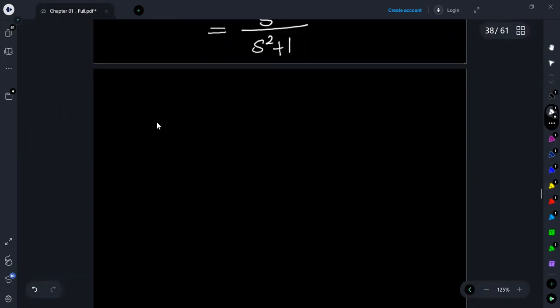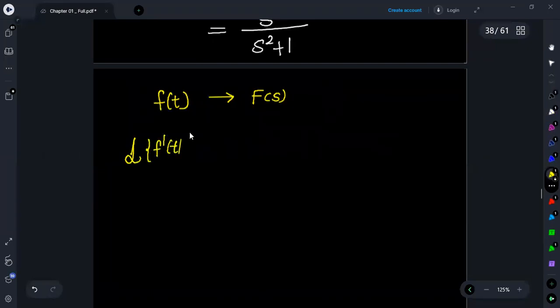The thing that you need to remember under this, the Laplace transform of derivative, is the formula. We have a function f of t and its Laplace transform is capital F of s. Then the Laplace transform of f dash t, the derivative of f of t, is equal to s capital F of s minus f of 0.